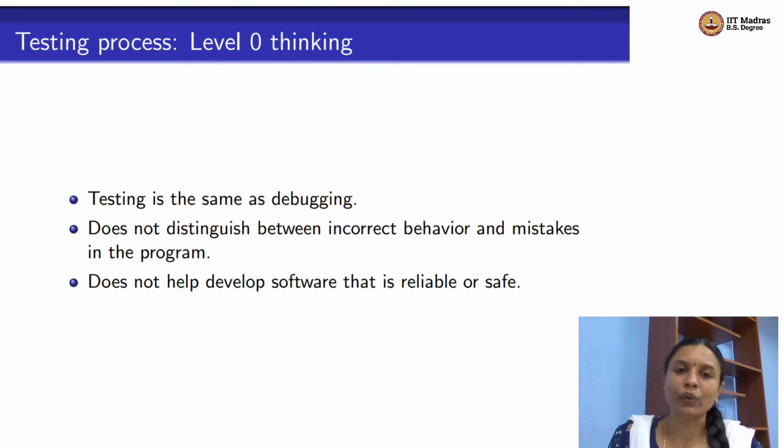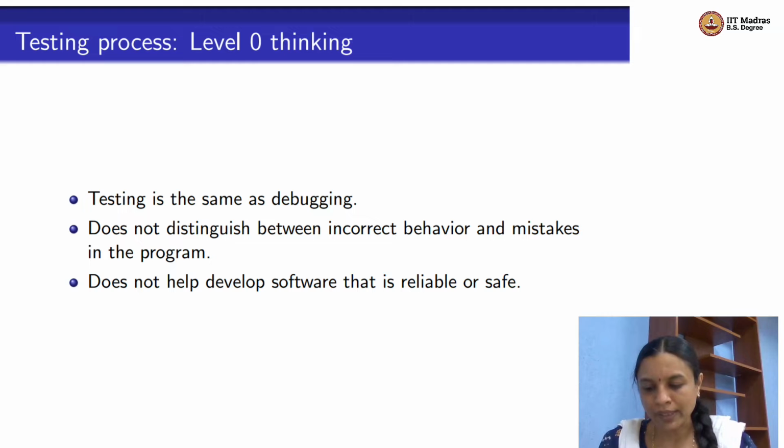If I'm at level 0 thinking, a typical example is somebody who's just got a cool startup and is trying to work on a software, and their goal is to get the product out as early as possible. So they debug, obviously, while they code. They don't maybe go through an exclusive testing phase. They don't have mature, well-defined processes for testing. So it's the same as debugging.